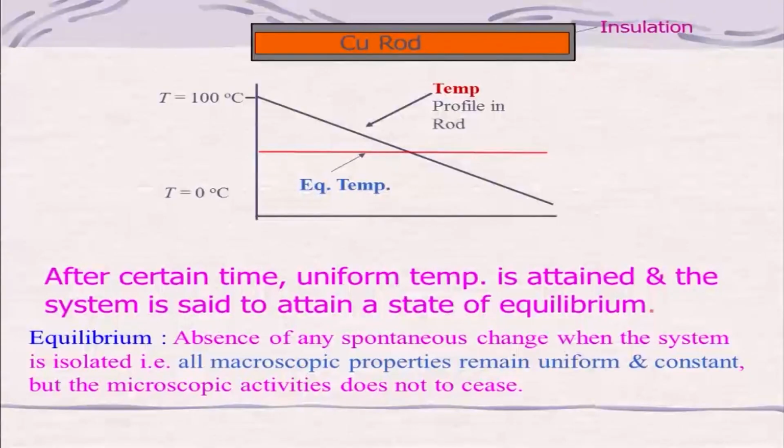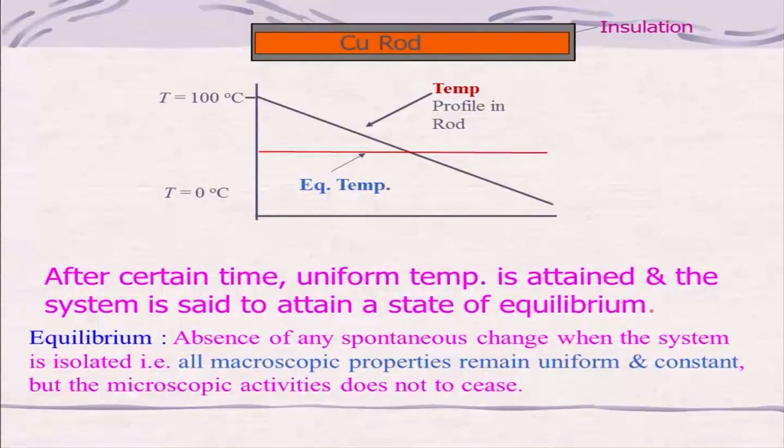So equilibrium means absence of any spontaneous change when the system is isolated. In other words, all the macroscopic properties remain uniform and constant. The temperature remains constant across the whole range and is not changing with respect to time when it is insulated.